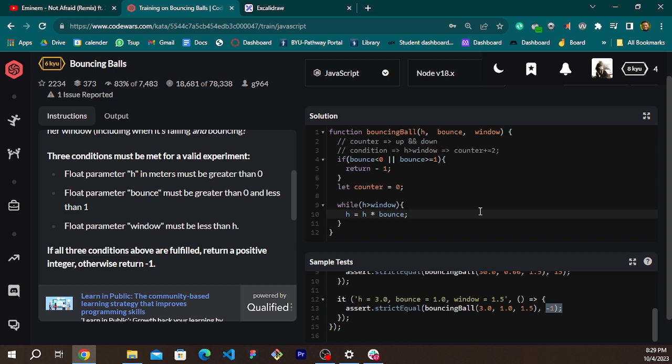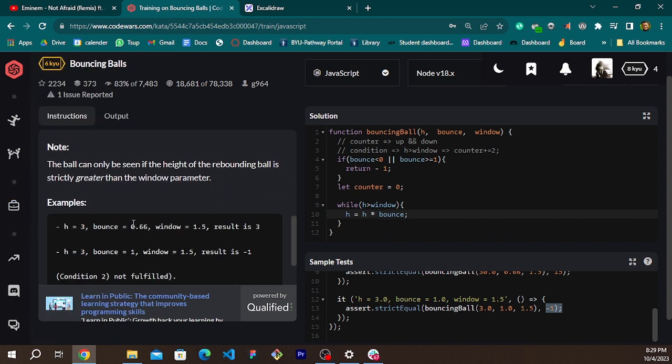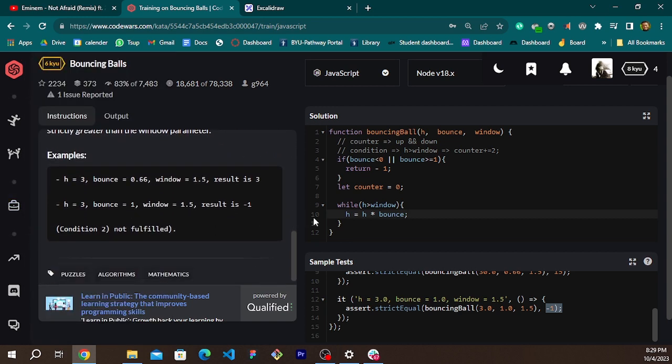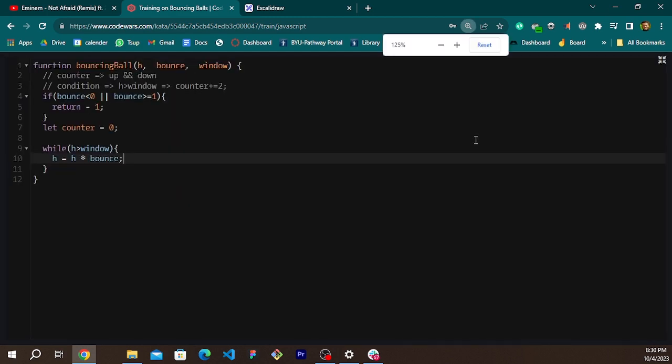That means it's reduced by 0.66, like they said in the question. Right here, for the first bounce it's 3 initially, but if we bounce for the first time, we reduce with 0.66, we stay with something like 2 point something small, right? So I can make this bigger for you guys to see.